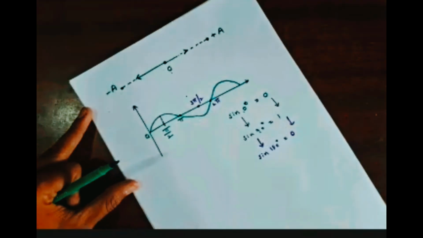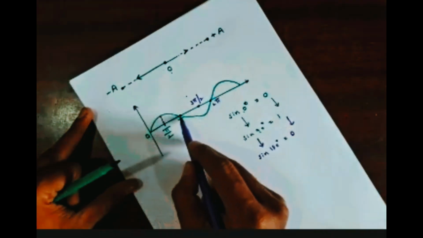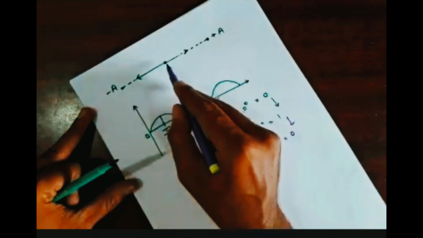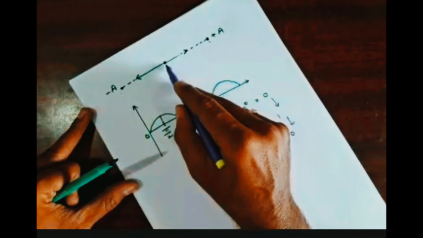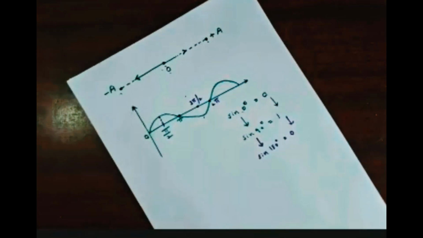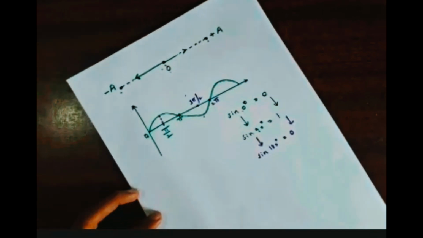Like that: 0 to maximum, maximum to 0, 0 to the other end maximum, maximum to 0. Like this we can represent the sine wave for a particle in simple harmonic motion which travels from the mean position.